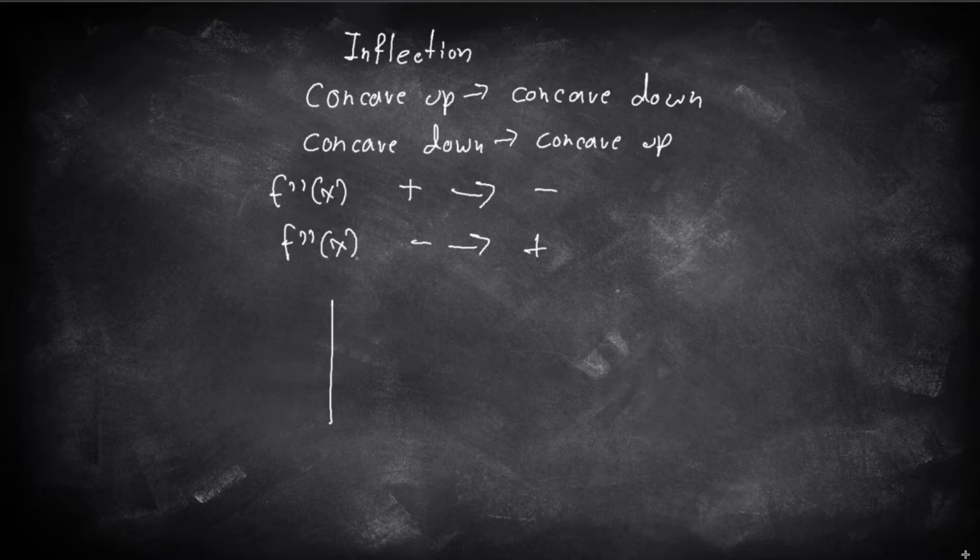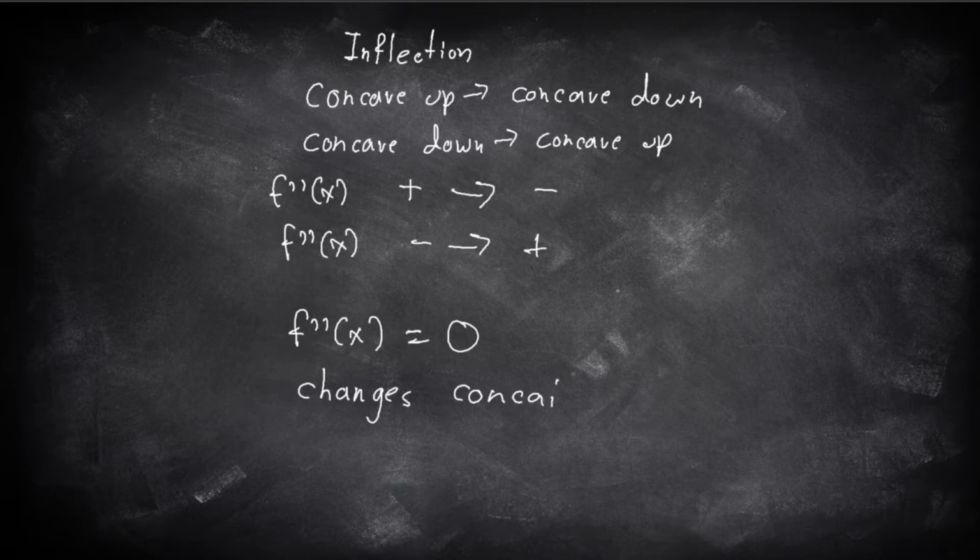We have to make sure that the second derivative is 0, and we have to make sure that it changes concavity. So it has to go from positive to negative or negative to positive. Okay, so it's pretty simple.